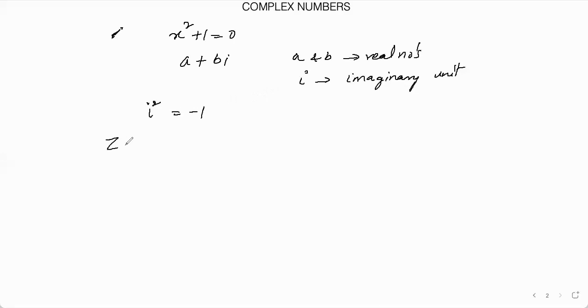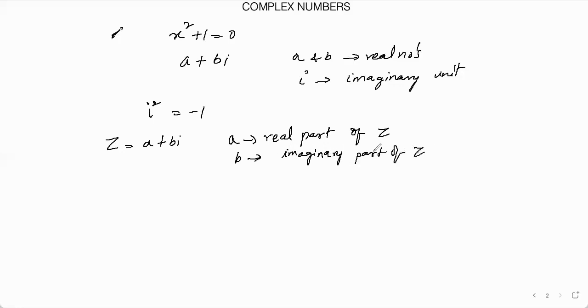Now, if z is a plus bi, then a is the real part of z and b is the imaginary part of z, and they are denoted by Re{z} and Im{z}.